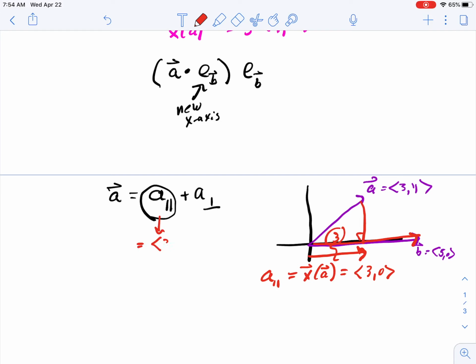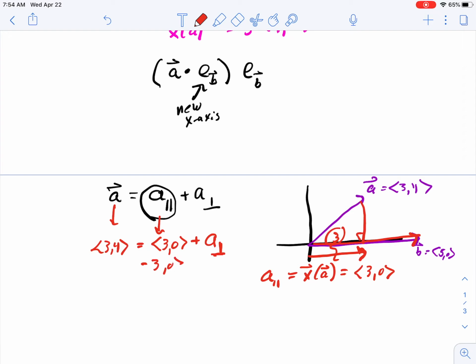So this is what we just found. So we have 3, 0, and we want to find A perpendicular. And what is A? Our A was 3, 4. So basically it's just a simple algebra problem.